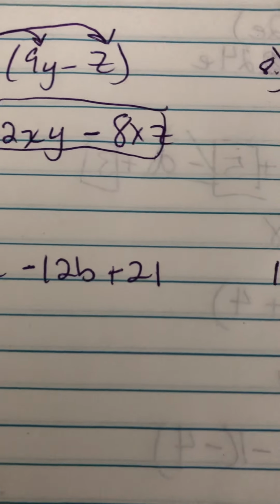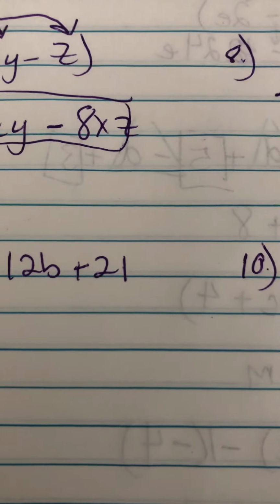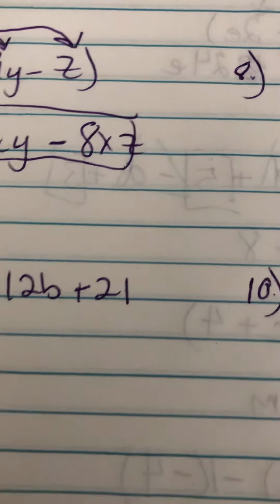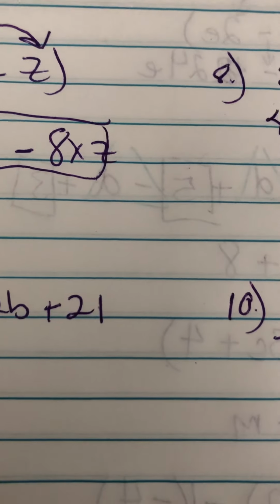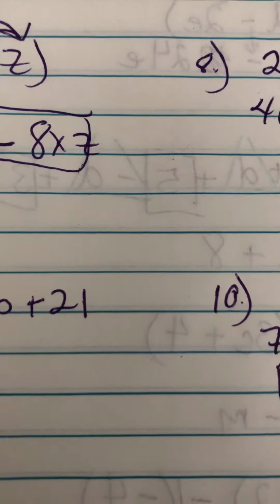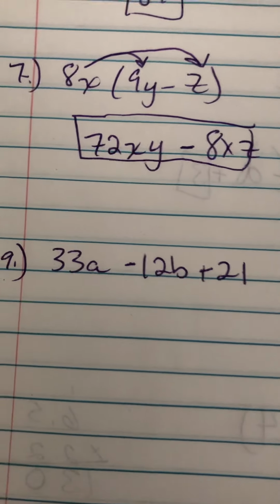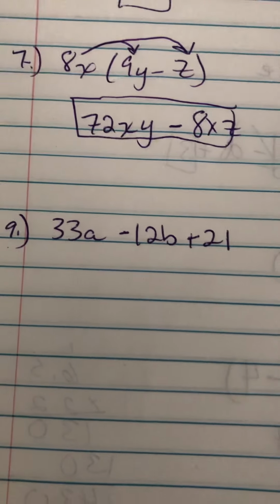Oh, so yes, my bad. So 24 minus 9 is going to be 33, but it's negative 33. So it looks like letter A is not equivalent to the others. Letter A. All right? Hopefully that's right.